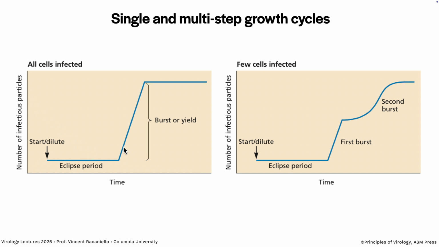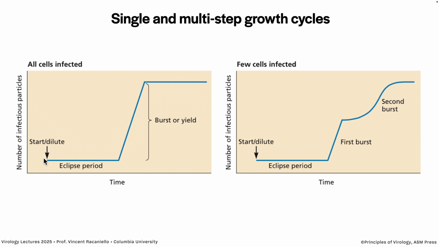Suddenly, you get a burst of virus production, which plateaus as all the cells are killed. So, remember, this is what distinguished viruses from bacteria. And we know now in the eclipse period, that's the time when the parts of viruses are being made and assembled into virus particles.